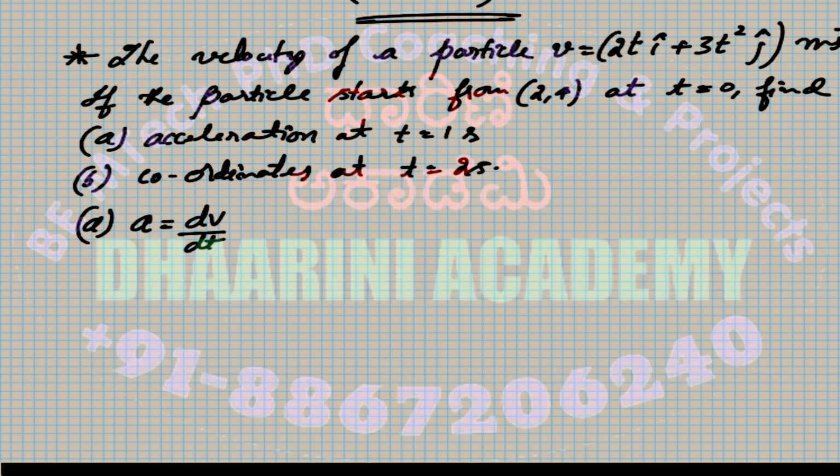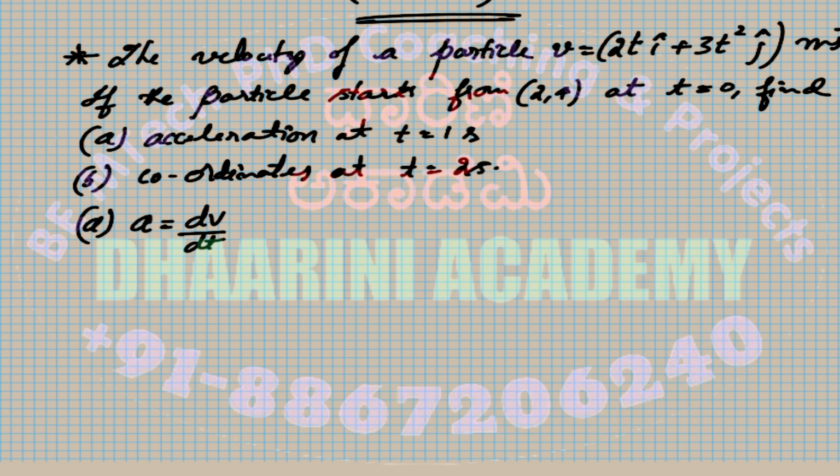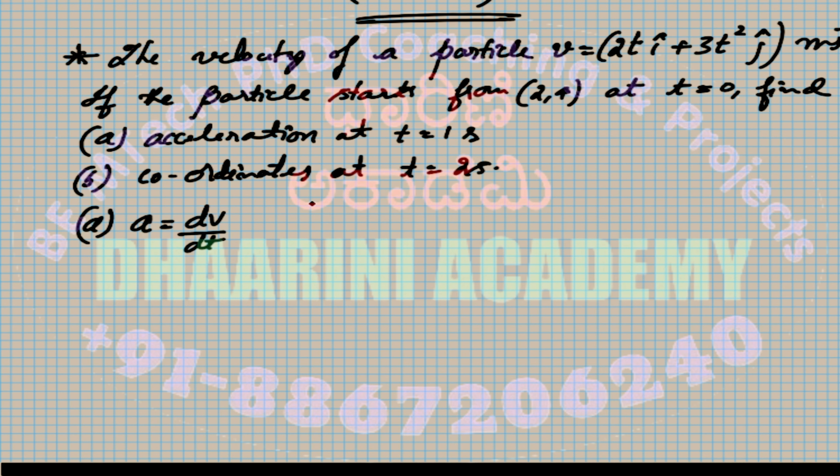So I can apply the derivative by taking the differentiation of this v. So dv by dt, that means I'm supposed to perform d by dt of 2t into i cap plus 3t square into j cap.